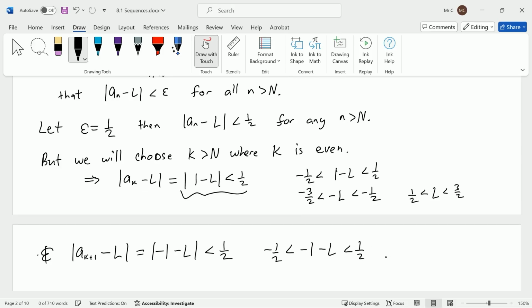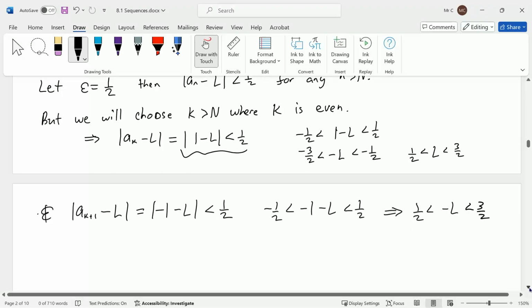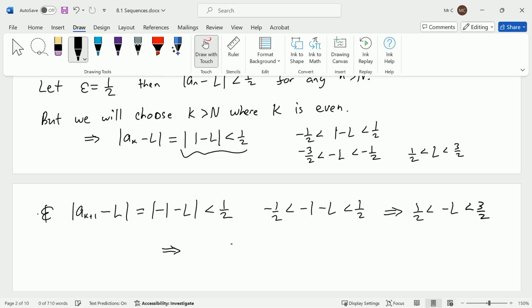I add 1 to both sides of the equation this time. So I get negative L is between positive 1/2 and 3/2. Now if I multiply by negative 1, I get L is between negative 3/2 and negative 1/2.